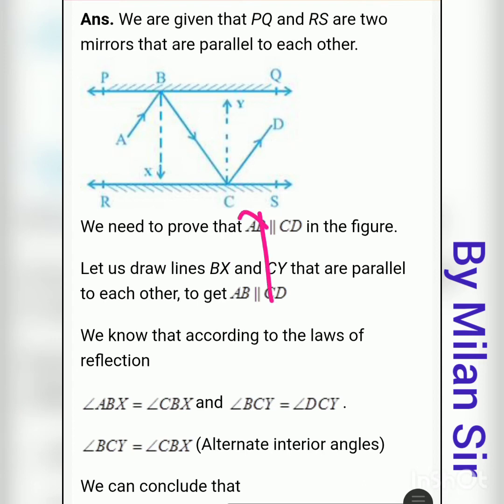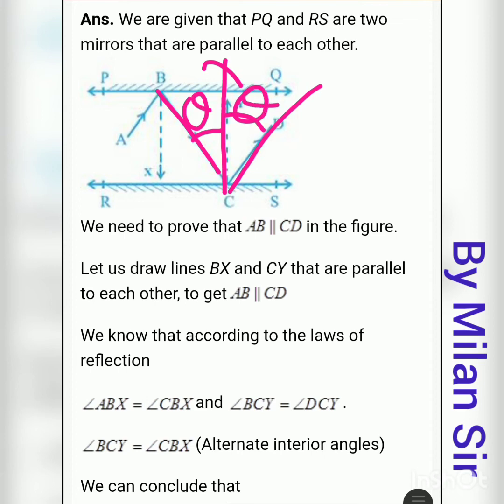Now here also, this is the incident ray and this is the reflected ray. Both make equal angles with the perpendicular. This is the perpendicular line, this is the incident ray, and the reflected ray; both make equal angles with the perpendicular. So here theta and here also theta.